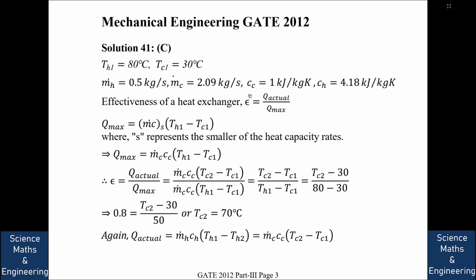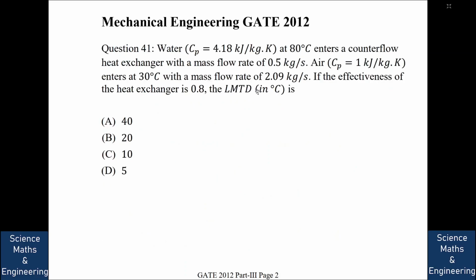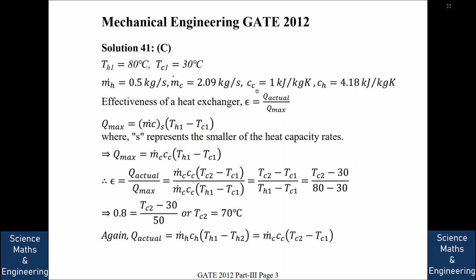Cc, that is Cp of air, is 1 kilojoule per kg Kelvin, and Ch is for hot water, that is 4.18 kilojoule per kg Kelvin.